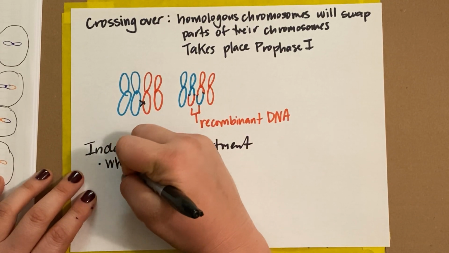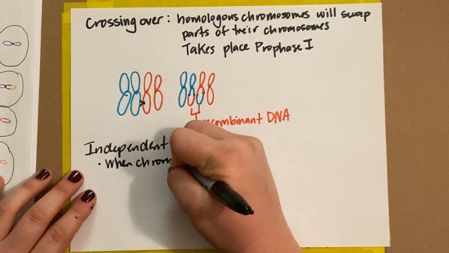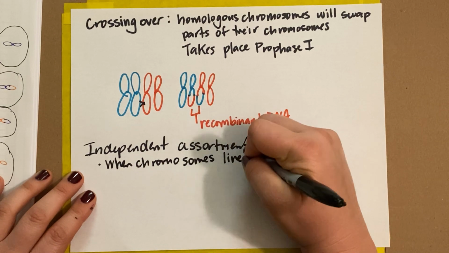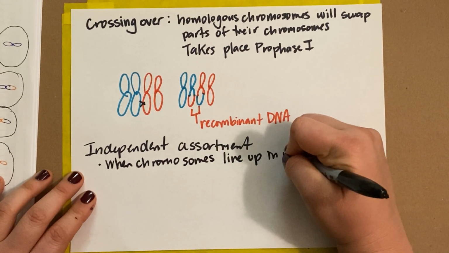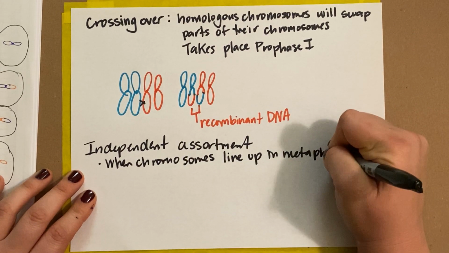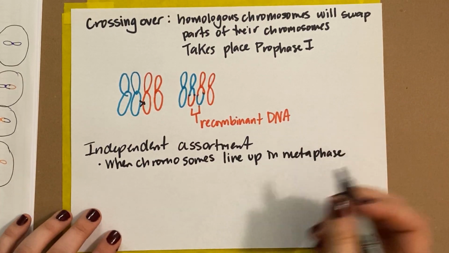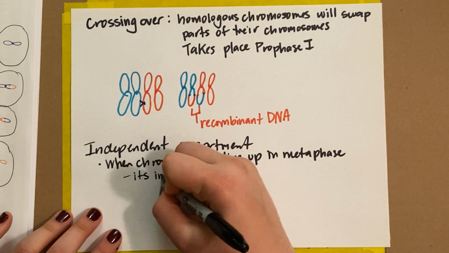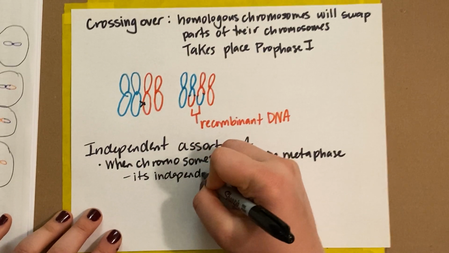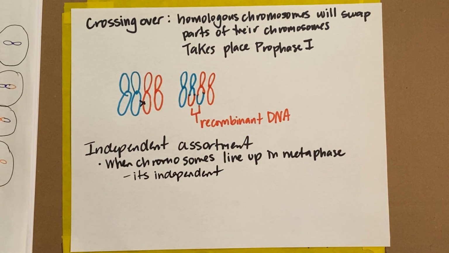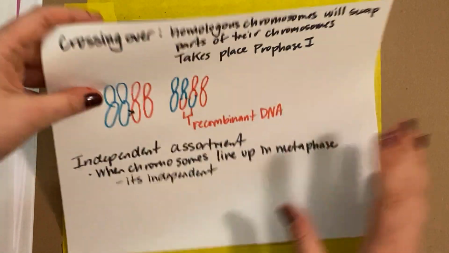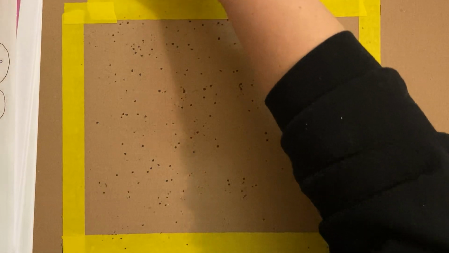Okay, so when chromosomes line up in metaphase, they do that independently. Okay, and the only way to really explain this is to actually show you how this works. So let me start drawing a new one.